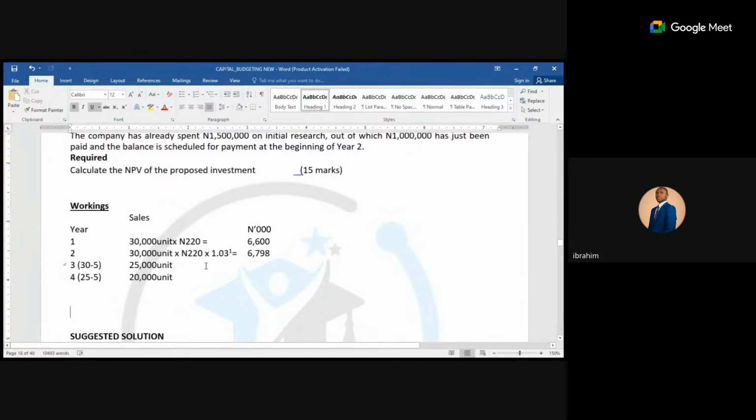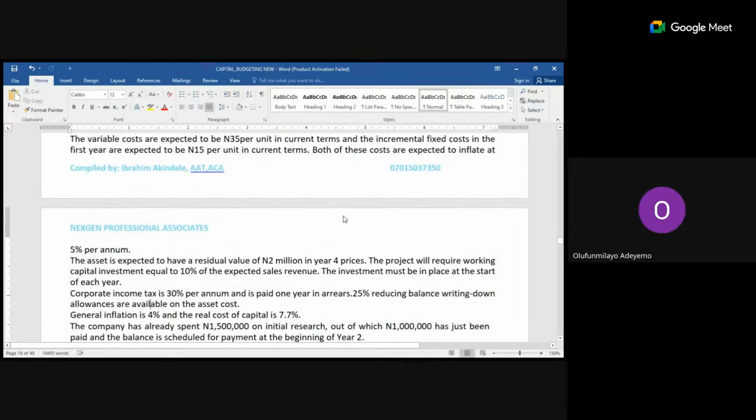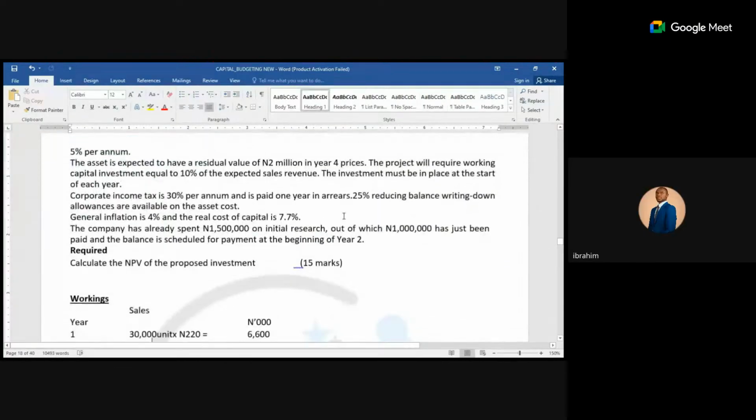You can also use 6,600 times 1.03, but you will not get the same thing. It will not actually work that way. Are we still together? Yes, we are together.